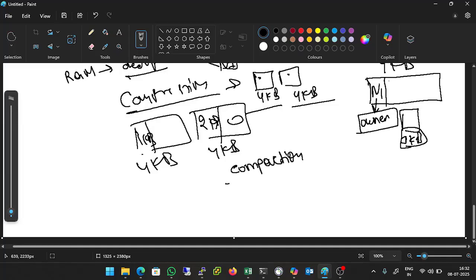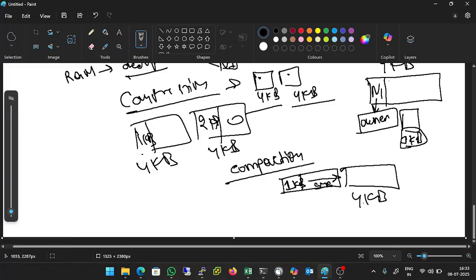Compaction. What exactly is compaction? Compaction runs after the compression. Suppose in a 4 KB block only 1 KB of data is written and all of the data is compressed. This is my first block, and this is my second block, in which there is 2 KB of data.